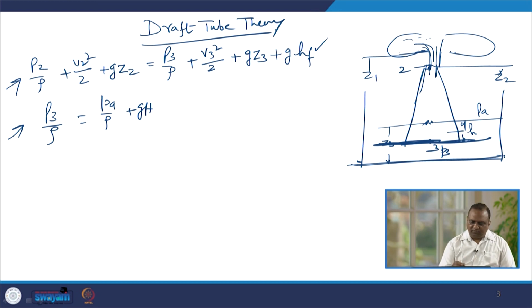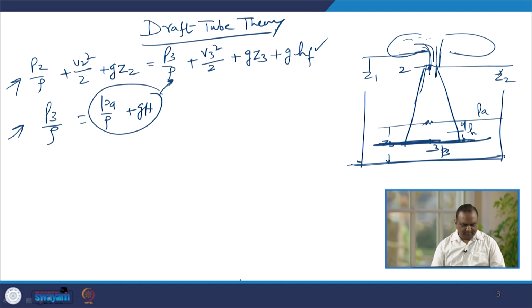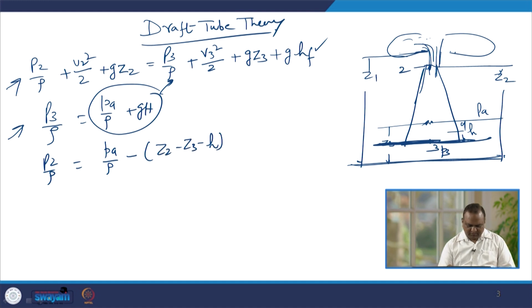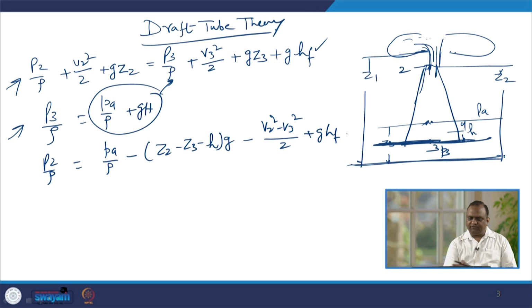Now, if we put the value of P3 by rho, Pa by rho plus gH, here, we will get P2 by rho is equal to Pa by rho minus (Z2 minus Z3 minus H) plus (V2 square minus V3 square) by 2 plus gHf. We have just put this value of P3 by rho here and manipulated the equation.